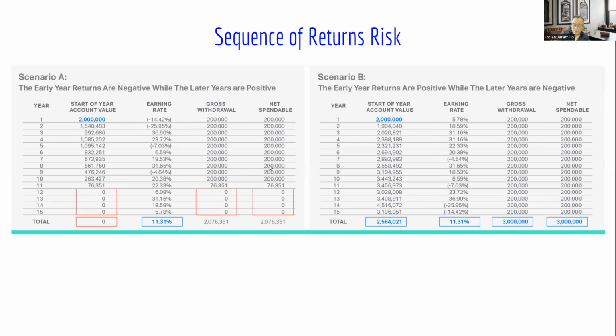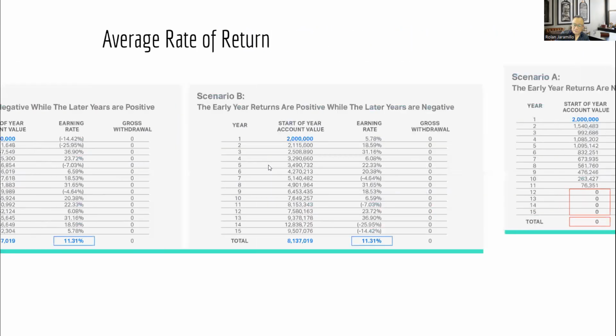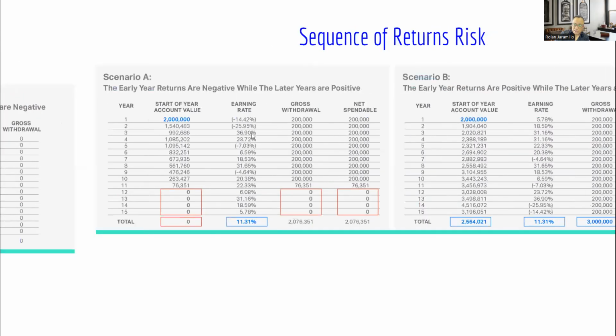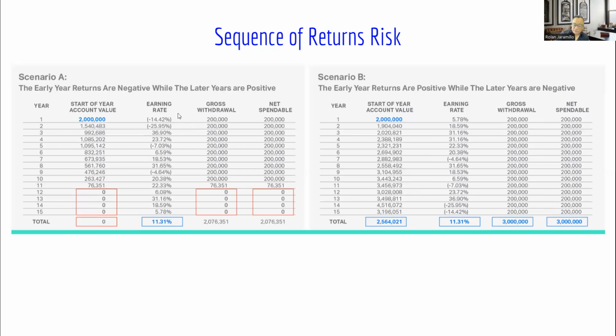If you'll remember on the previous slide, it didn't matter because you weren't taking any distribution from it. You're still working, you're still earning income. The moment you stop earning income and you have to rely on savings to live, all of a sudden this matters. So before you get to this point, you need to have a plan B.